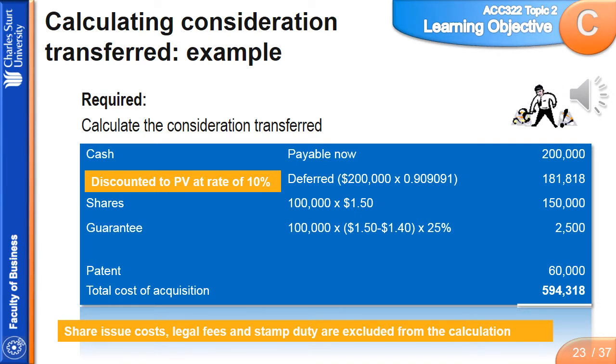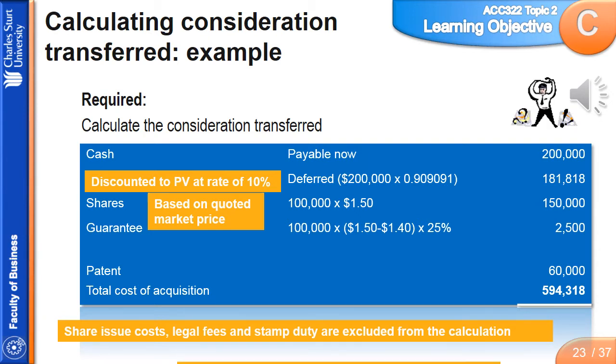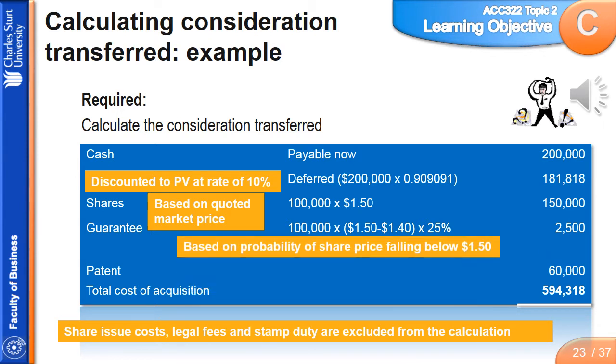Next we've got the shares at their fair value, $1.50. So 100,000 times $1.50 is 150,000. We've also got this guarantee to consider. So that's based on the probability of the share falling below $1.50.